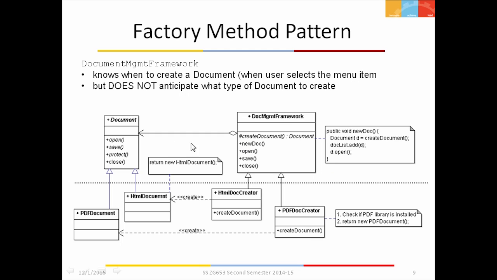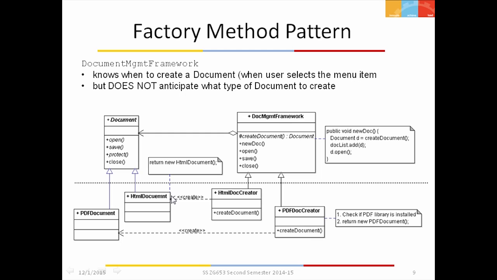Now let's look at the abstract product, which is the document class, and this document class has methods like open, save, protect, close, and so on. Now look at these concrete classes which are below this abstract class. So I create a document called HTML document.